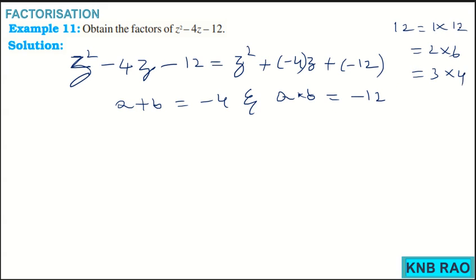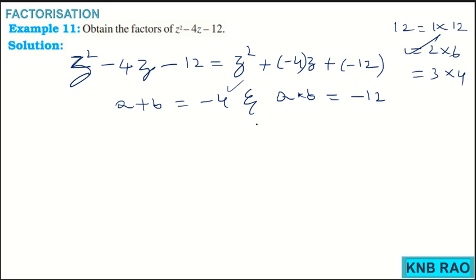Here 1 and 12 make 12, but their sum or difference is not 4, it is 11 or 13. 2 and 6, their sum is 8 but difference is 4, this is somewhere suiting. 3 and 4, their sum is 7 and difference is 1, so it won't suit. Only 2 and 6 are suiting well.